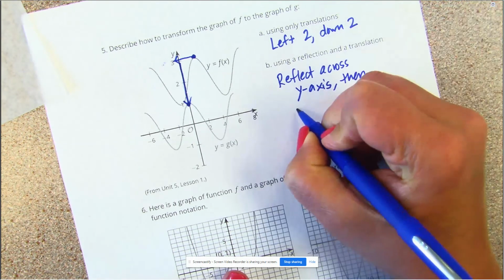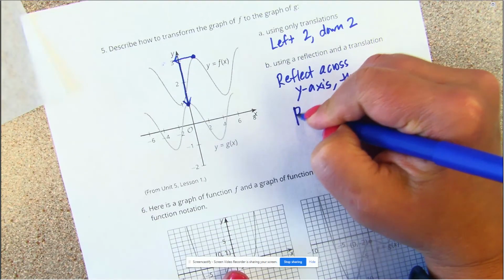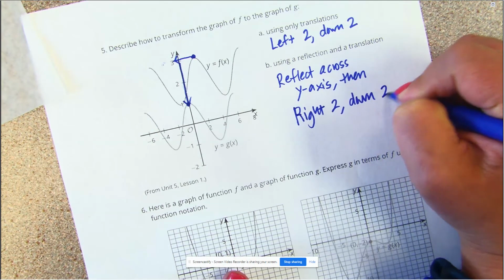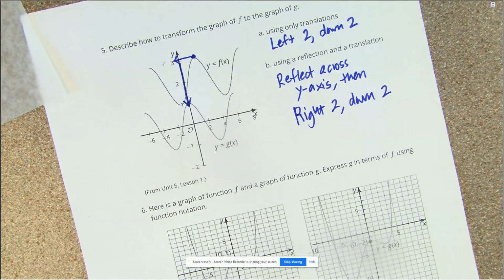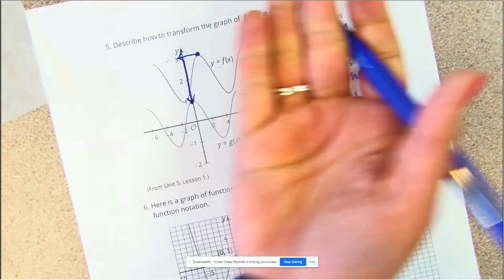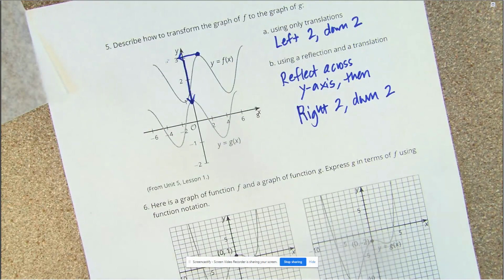Then I'm going to go, oh, it was right 2. Right 2, down 2. Which kind of makes sense, because once this was left 2, down 2, and if I started over there, it's now right 2, down 2. There's probably other ways you could do that.